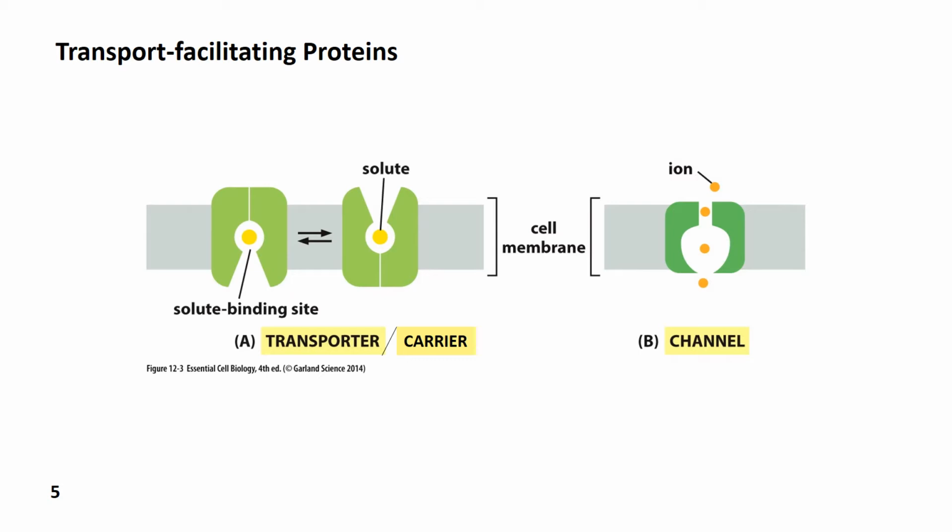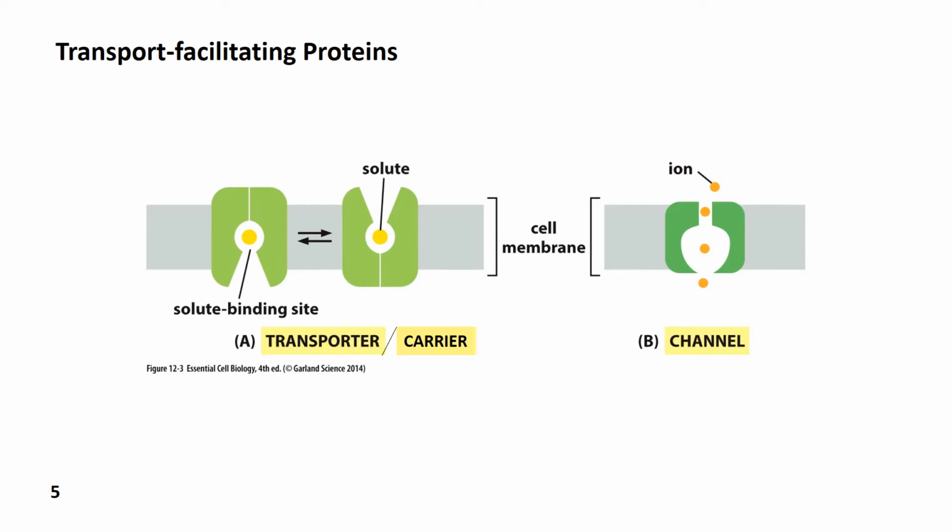These proteins specifically bind to the molecule that's meant to be transported and depend upon a shape change when that binding and release occurs. The second type, shown in panel B, are protein channels.